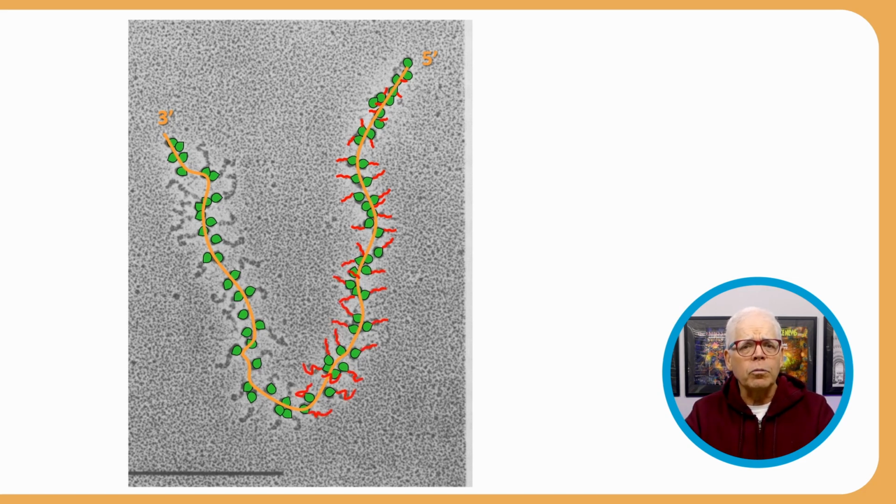I colored these growing protein chains red. As you can see, the growing protein chains get longer and longer as the ribosomes reach the end of the mRNA. This turns out to be a super way to think about how proteins are made.